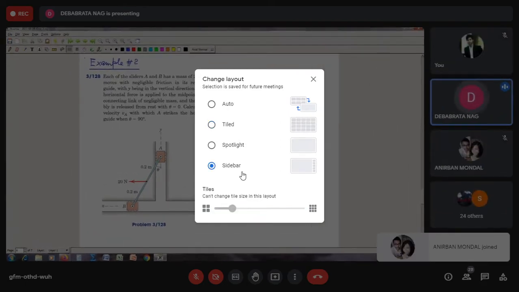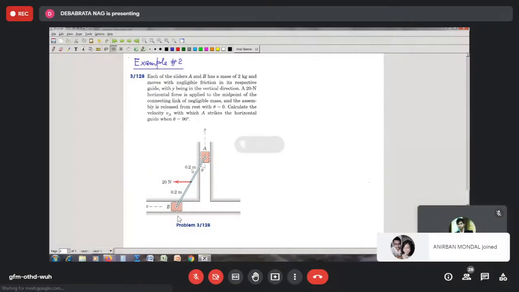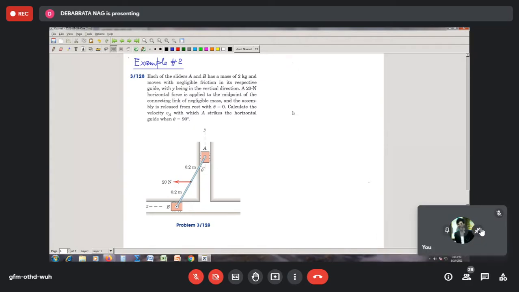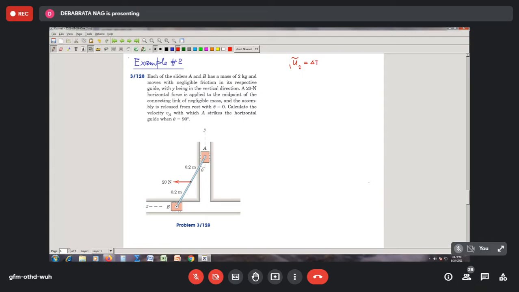It is therefore to be noted that our basic governing equation between two state points can be written in this manner: 1 U tilde 2 between the two state points, 1 being the initial and 2 being the final, is equal to delta T plus delta Vg plus delta Ve.